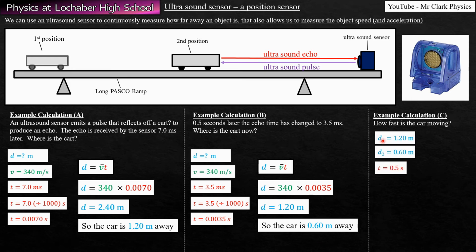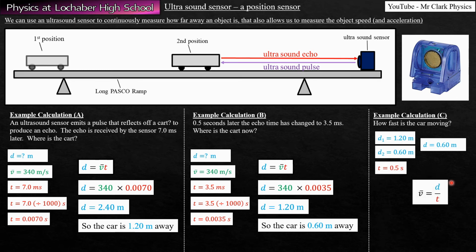Distance number 1, or position number 1 really, was 1.20 meters. Position number 2 was 0.6, and that means it covered this distance here, 0.6 meters, in the half second. Sometimes there's a little triangle that gets used to mean change in distance, but some people don't like shapes in their calculations, so I've skipped that out for now.